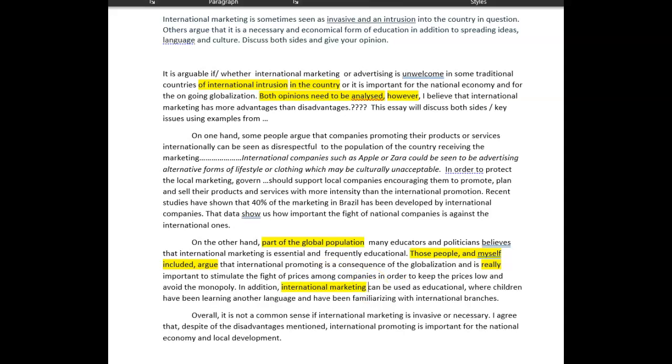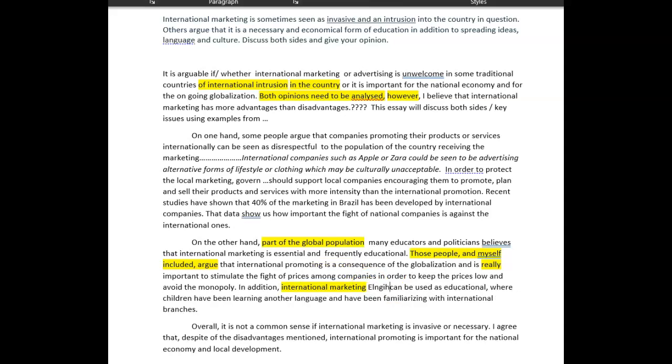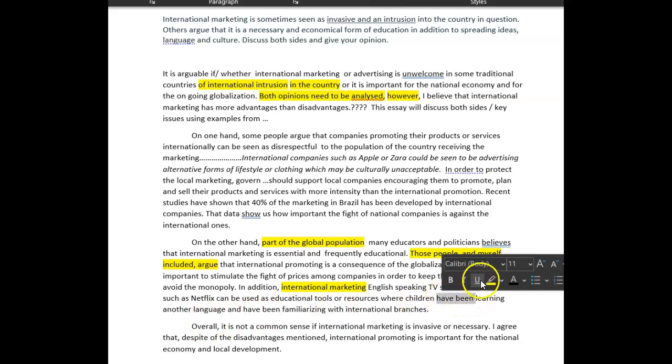English. Oh, wow. Doesn't matter. International, English maybe. English speaking TV series and channels such as Netflix could be used as educational tools or resources, maybe not Netflix, where children are able to not have been learning, are able to learn another language and familiarize themselves.